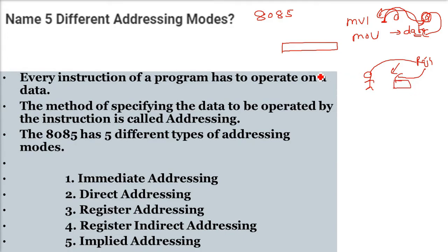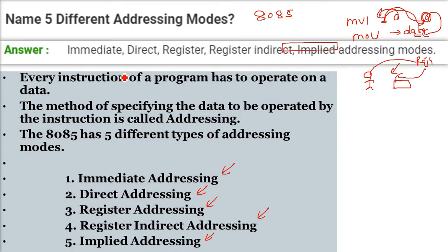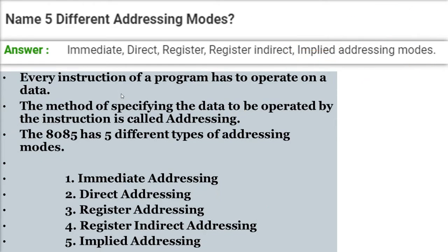So there can be different ways the data is specified: immediate addressing, direct addressing, register indirect addressing, implied addressing. These are different types of addressing. So these 5 you have to remember, because this is only the way of specifying the address of the data, because it's all about data in any kind of instruction.